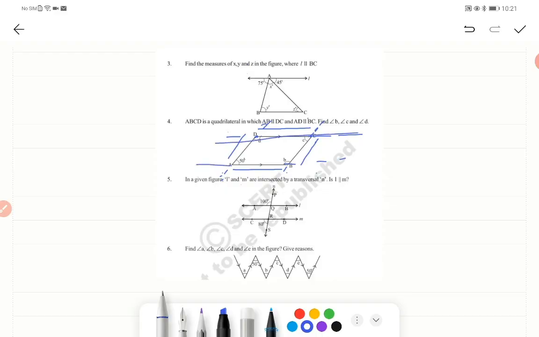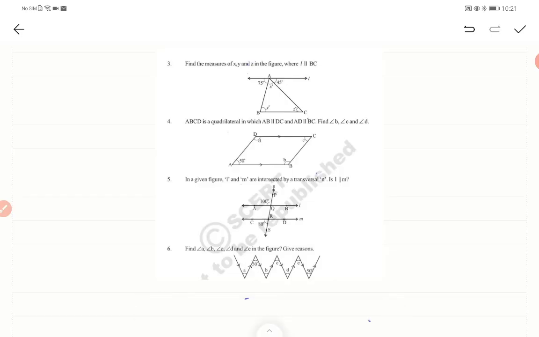For these two parallel lines, you'll consider these two as transversals, and for these two parallel lines, these two are transversals. Now what they have asked is to find angle BCD.